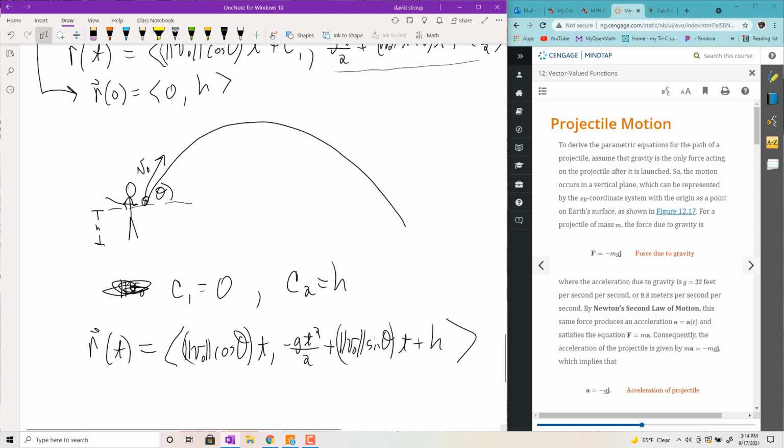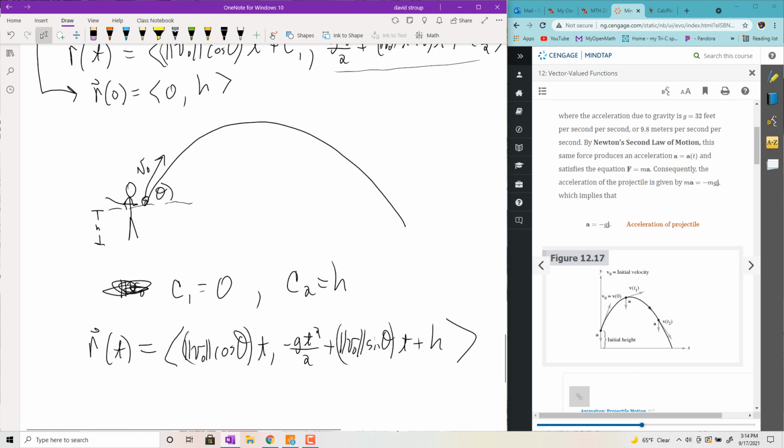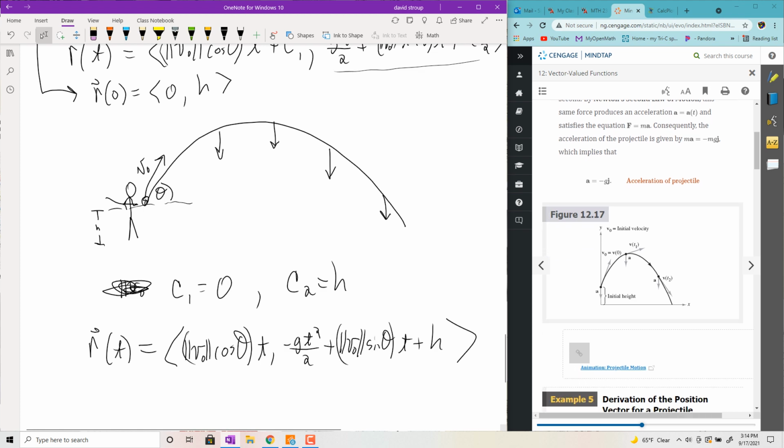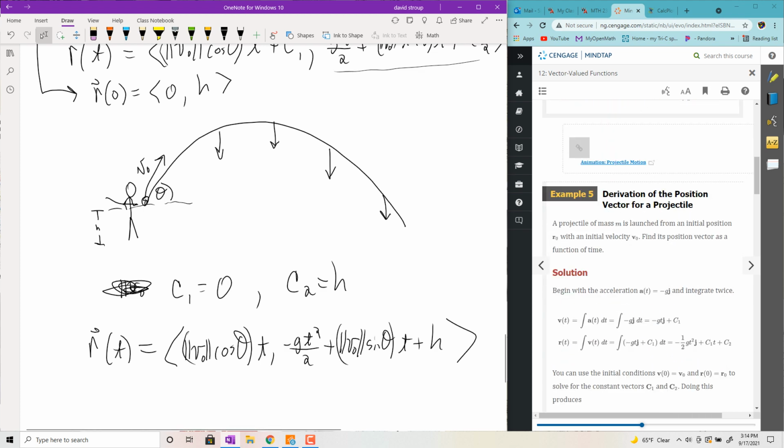And that's all derived completely from this picture and the fact that the acceleration due to gravity is this negative g. Those little arrows are the acceleration due to gravity. They're always going to be pointing downwards for us.